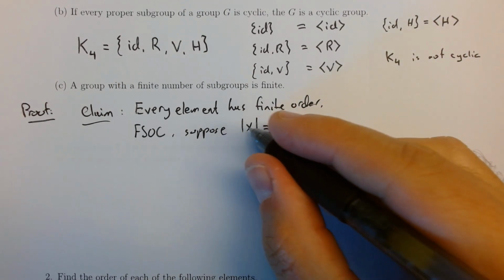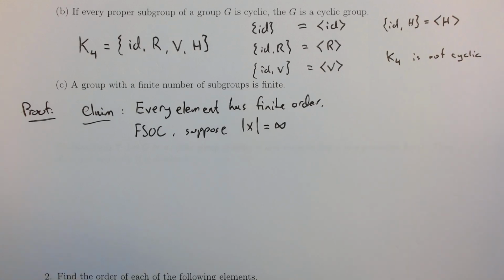the cyclic subgroup generated by x, and then the cyclic subgroup generated by any of the powers of x.